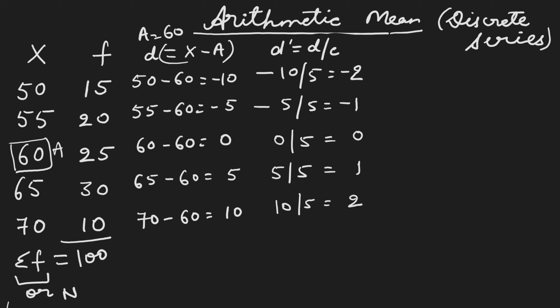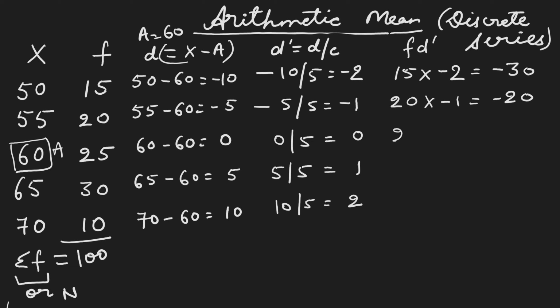Then we will multiply this D dash with F, and we will get the value of f d dash. Here 15 is the value of F. So 15 multiplied by minus 2 is equal to minus 30. Then 20 multiplied by minus 1 is equal to minus 20.